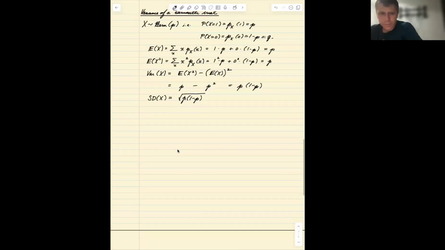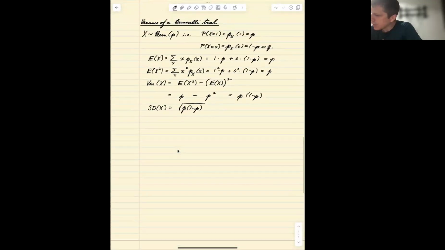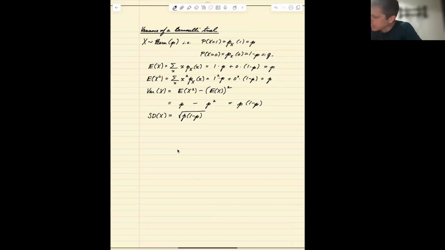Something to be aware of, something that is somewhat that actually comes up reasonably often in some applications, and it's worth being aware of, is Bernoulli random variable. Take the possible parameters in a Bernoulli random variable are between 0 and 1. And what's interesting is that the variance, so it's a quadratic, right?